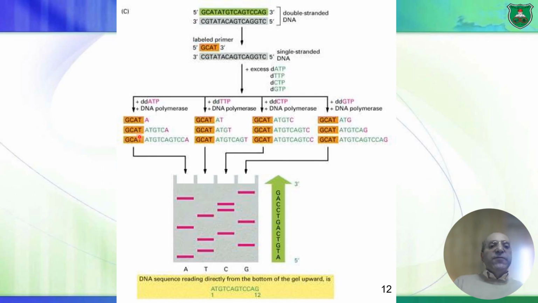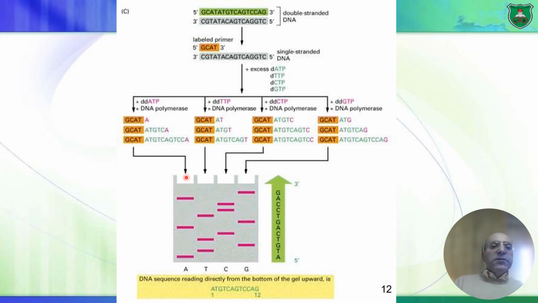So we take these 4 tubes and we put them on a gel, a special gel that has high resolution, meaning that it can separate DNA fragments that differ by one nucleotide. Amazing resolution. Great.